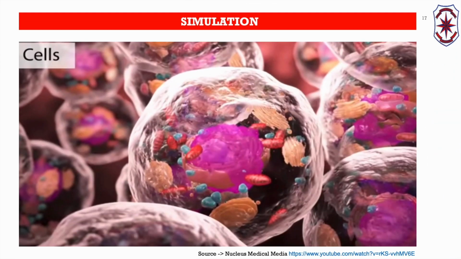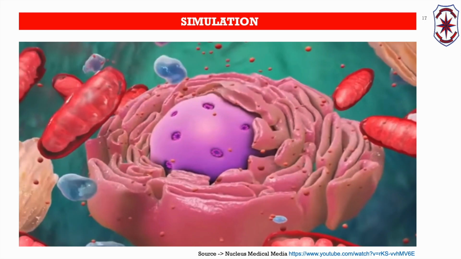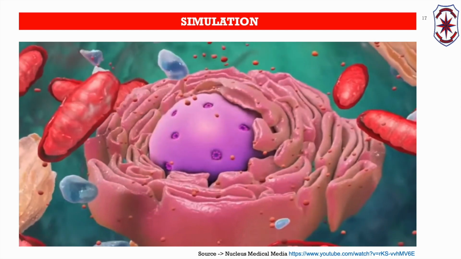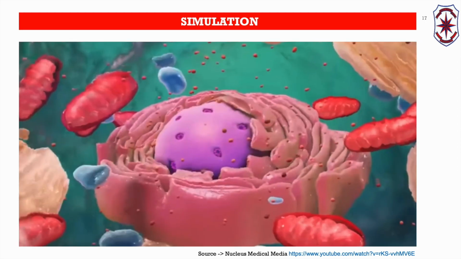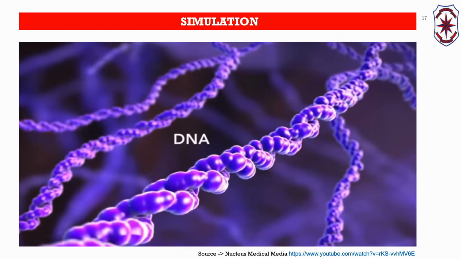Okay, let's go back to that simulation of ours. Here is our nucleus. Like we said, the nucleus is not smooth. It has small holes or pores in it called nucleopores. When we move inside the nucleus, we will see the cell's genetic material in threads, and these threads are known as chromatin.